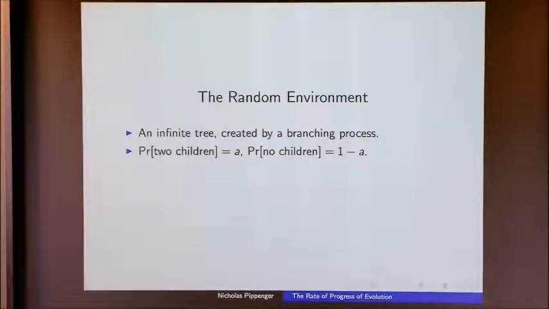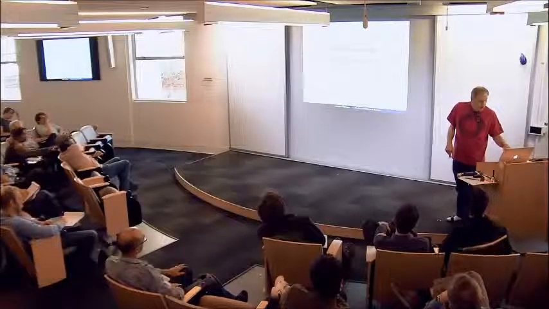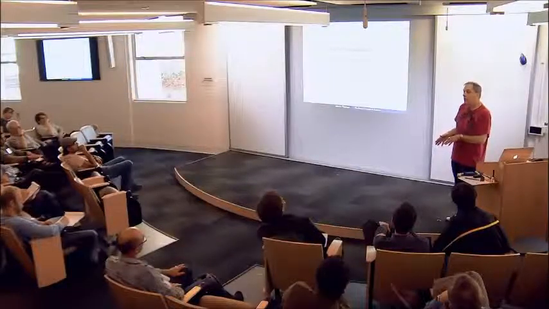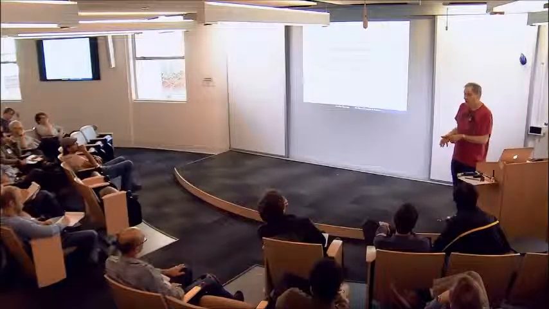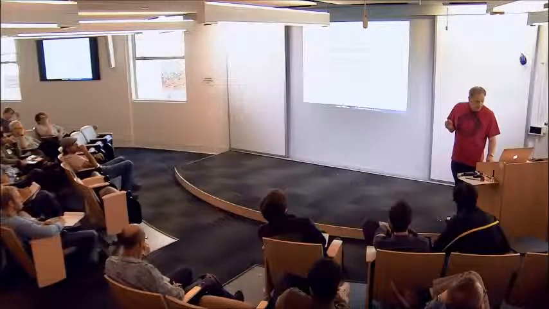It's a tree, so all I need to describe is the random variable that's the number of offspring of a given individual. Okay. And so I'll say each individual has 2 children with probability a, and no children at all with probability 1 minus a. And so the average number of children will be 2a.